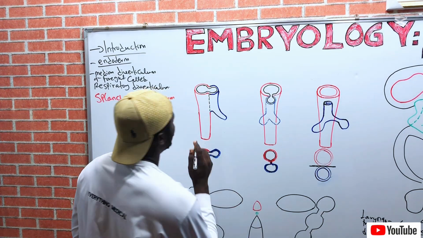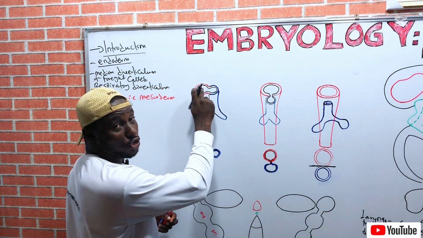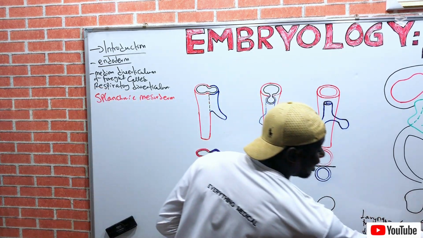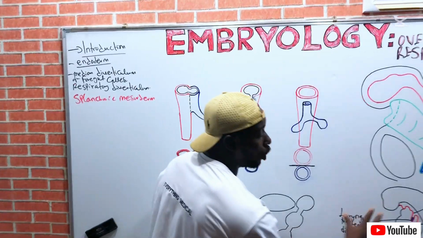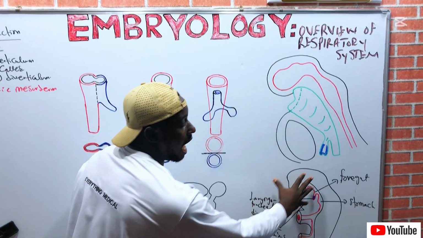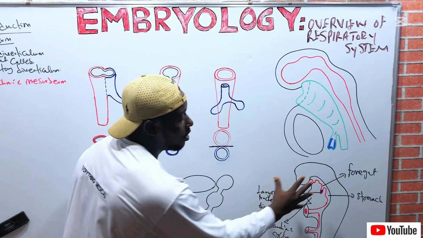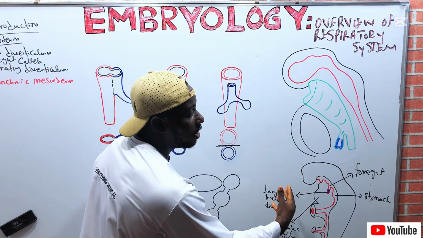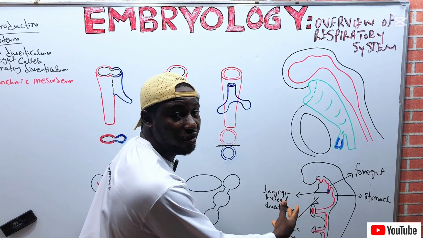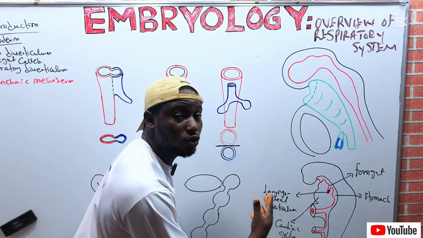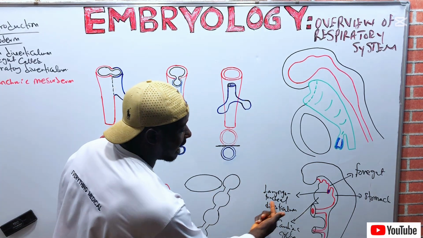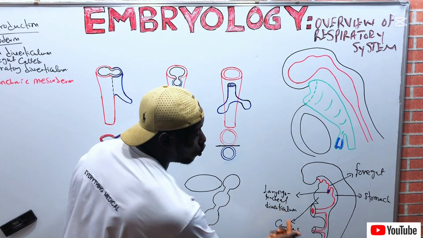Now, recall that this is the foregut also. Here is the foregut, right? This is how it developed from the embryo, right? Because this is what we call a 25-day-old embryo, showing the relationship between the laryngotrachea, the diverticulum, and the stomach.